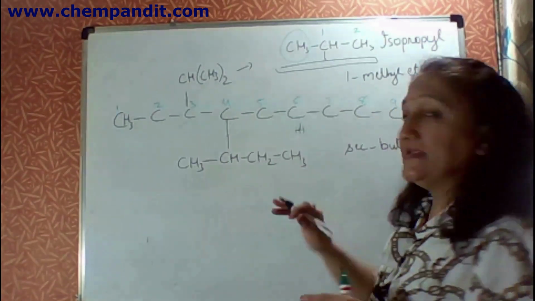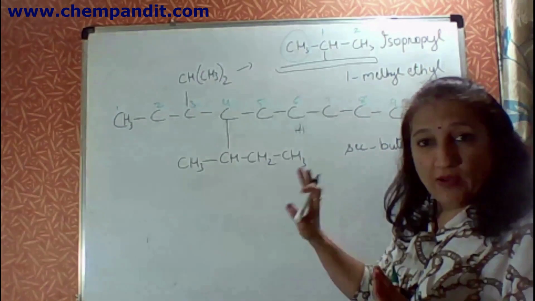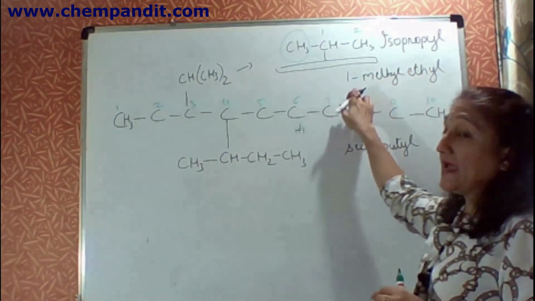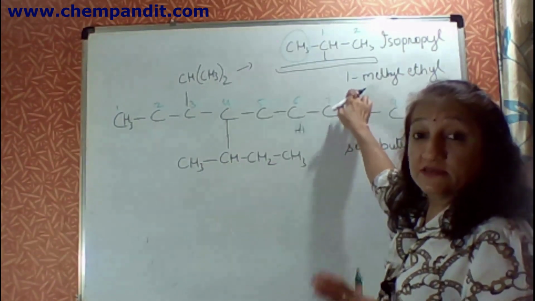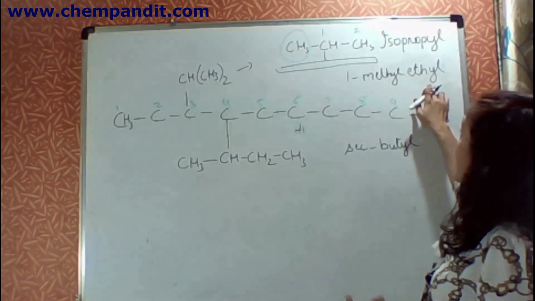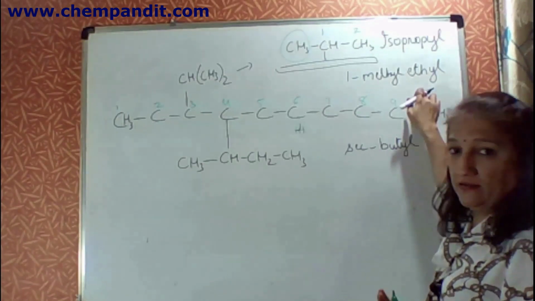The IUPAC name of isopropyl will become 1-methyl ethyl. Why ethyl and not ethane? Because it is an alkyl group. It is a substituent alkyl group. Right? It is a branched substituent, branched alkyl group. So we cannot write 1-methyl ethane. We will write 1-methyl ethyl.